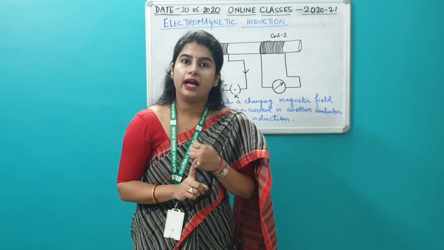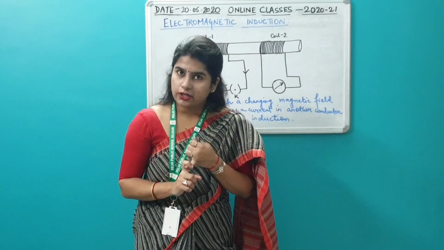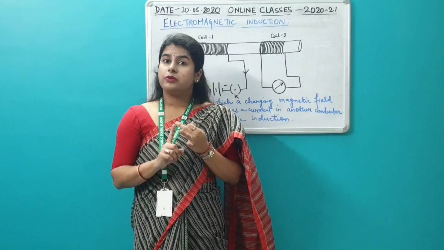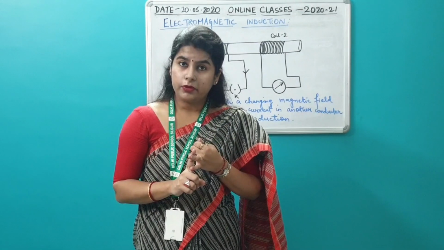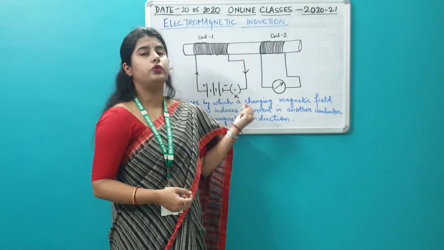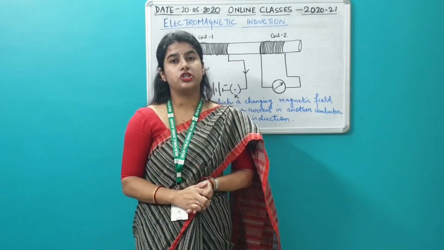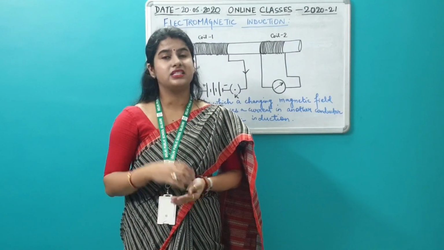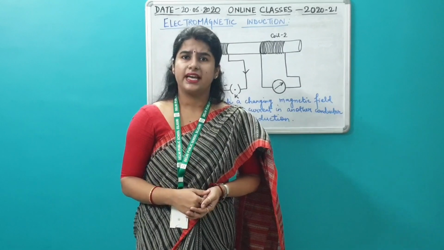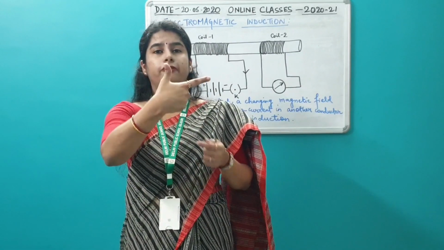You have studied about Fleming's left hand rule. You have studied about Maxwell's right hand thumb rule. This time it's a new rule when you have to find out the direction of induced current, that is Fleming's right hand rule. And Fleming's right hand rule is like this.